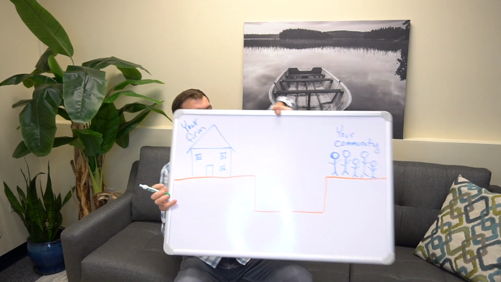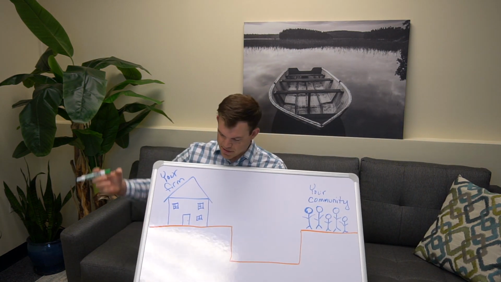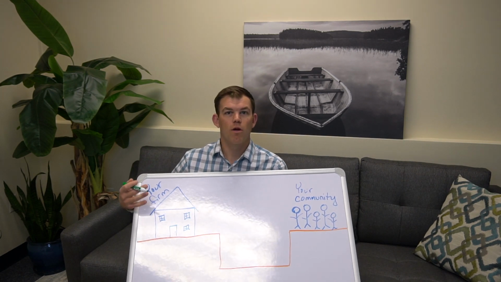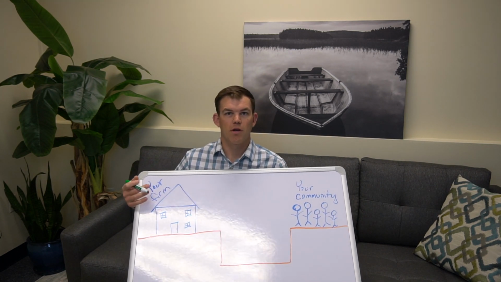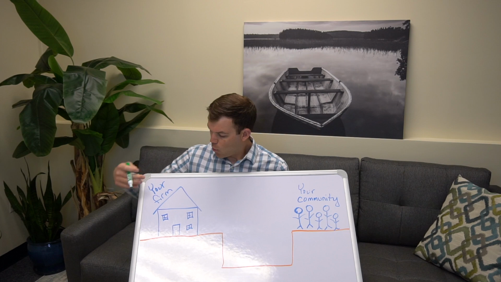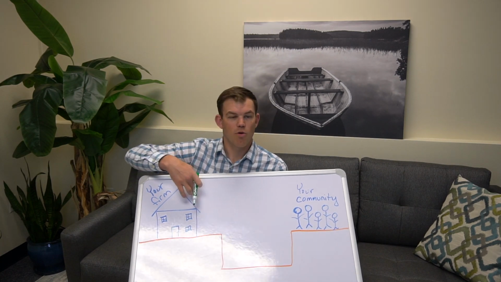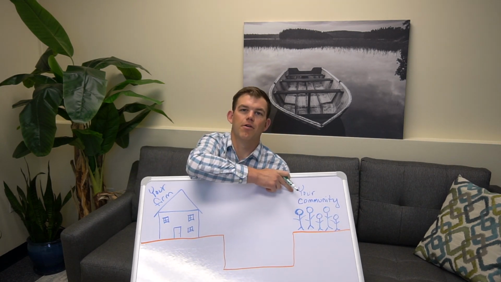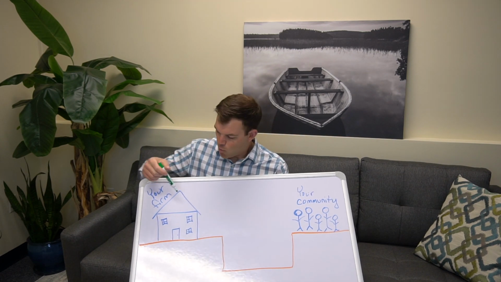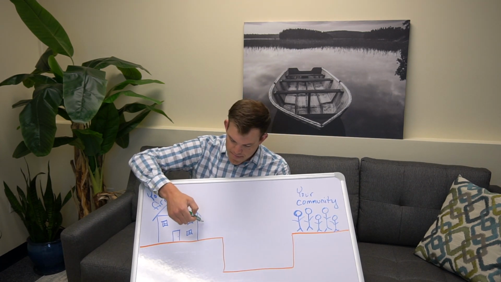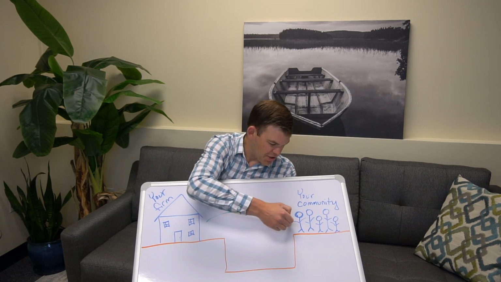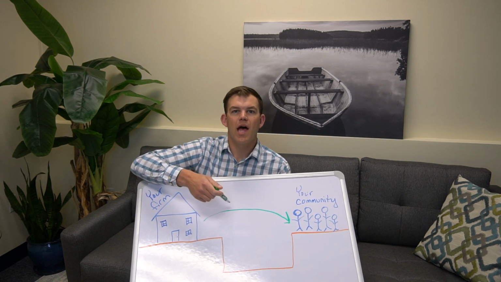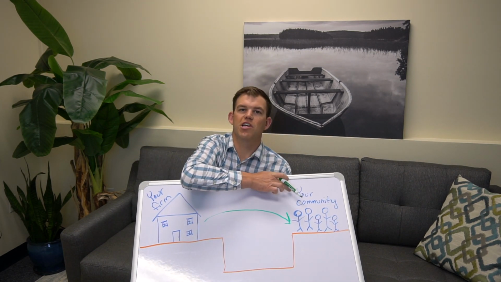So let's talk about this first off from a high level. Here's an example of what we're going to be doing when talking about your content that talks about your firm. We want to bridge the gap from your firm over to your community, okay? When you're sitting over here, you need to make a bridge, a connection over here. The way to do that is by relating to your community.